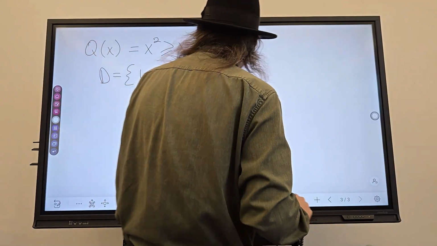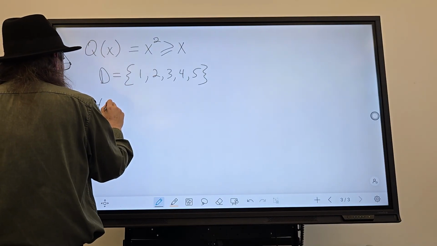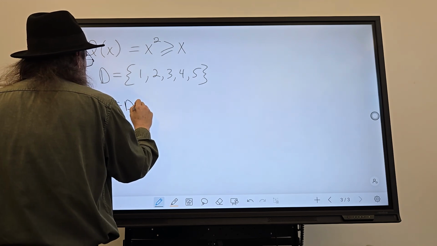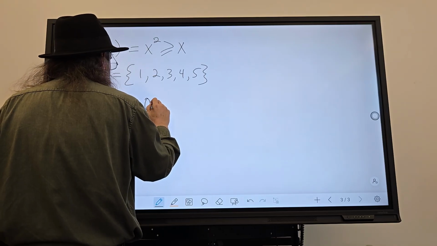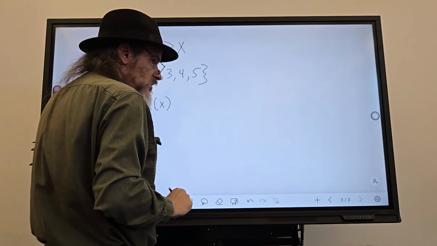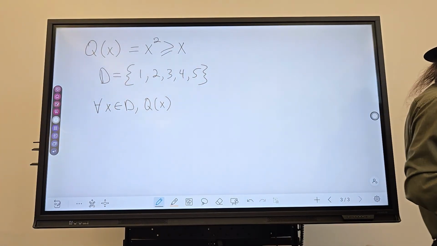And you want to say whether or not for all x element of D, Q of x. Is that true or false?